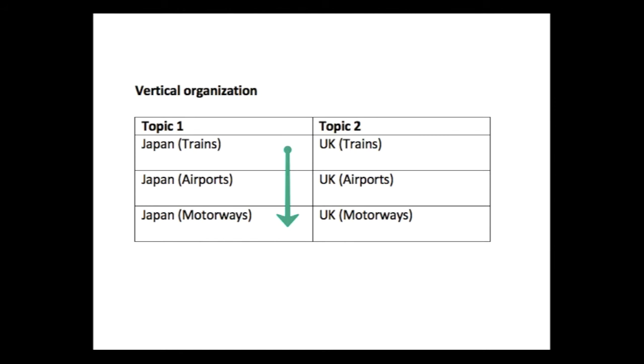And then we'd move on to the third issue, which is of motorways. Then we'd move over to topic 2, which is to move to the UK, and again talk about trains, and then airports, and then motorways. And again, as with the horizontal organisation, you can see the different trace that is left by these different topics.